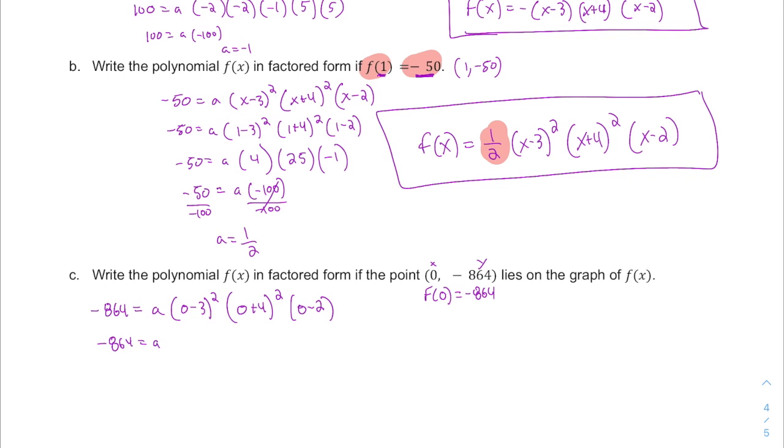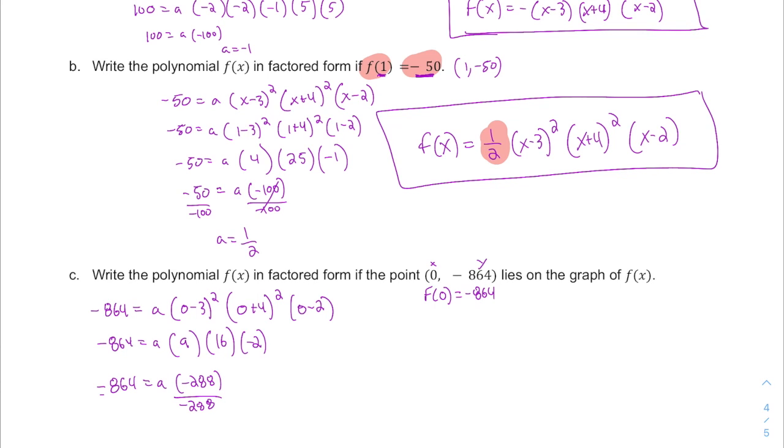Negative 864 equals a. Negative 3 squared gives us 9. 4 squared gives us 16. And negative 2. Okay, so I'd want to multiply 9 times 16 times negative 2, and we get negative 288. So negative 864 equals a times negative 288.